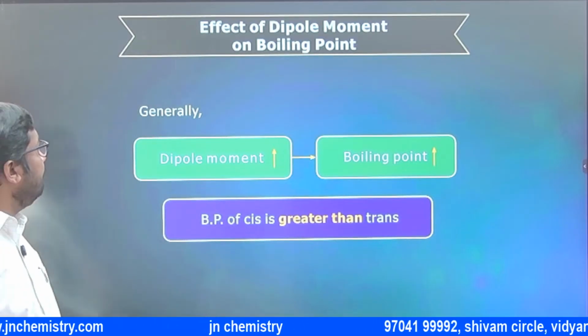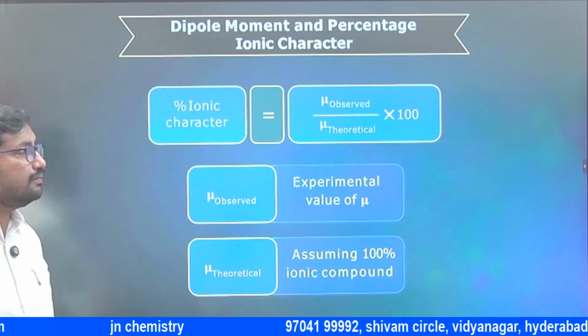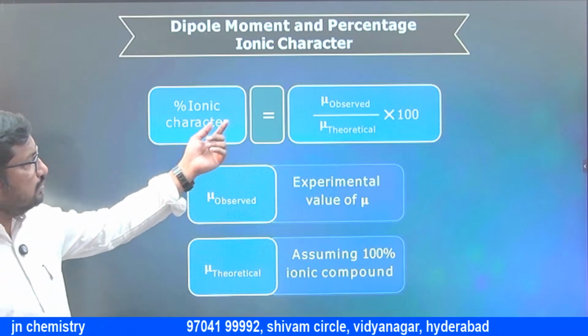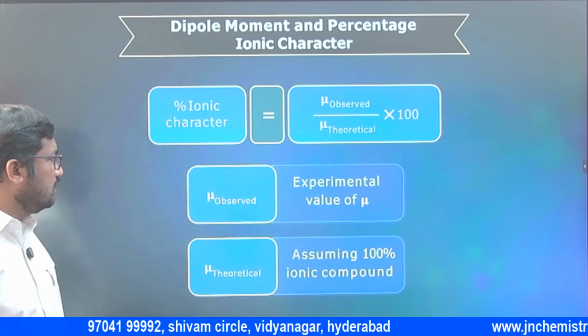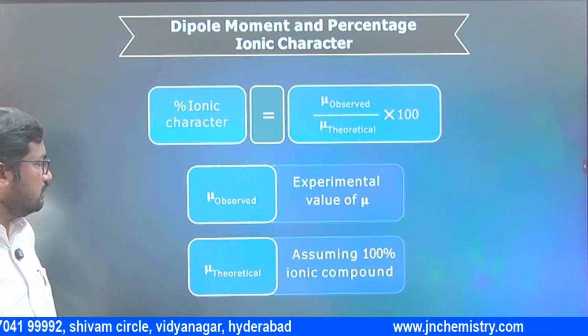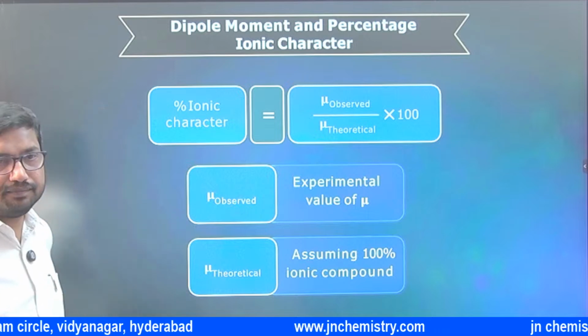Generally, percentage of ionic character is the observed dipole moment over the theoretical dipole moment, into 100. Theoretical means assuming 100% ionic character.